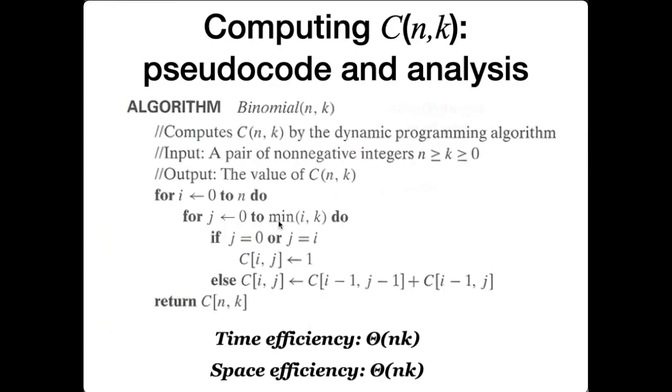Okay, so this is the pseudocode for computing the coefficients of the binomial expansion. So look at the pseudocode. It's not a recursive algorithm. For this approach, we are using the bottom-up approach in the computation because we started with the base cases and then nag-increase tayo ng n.